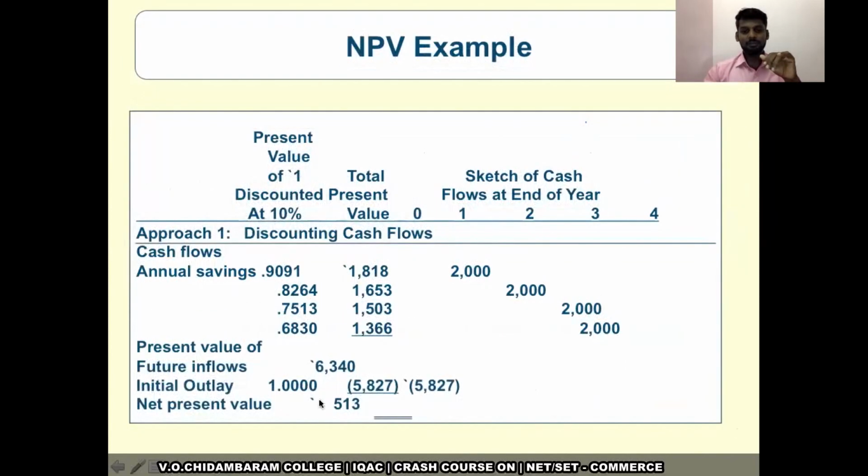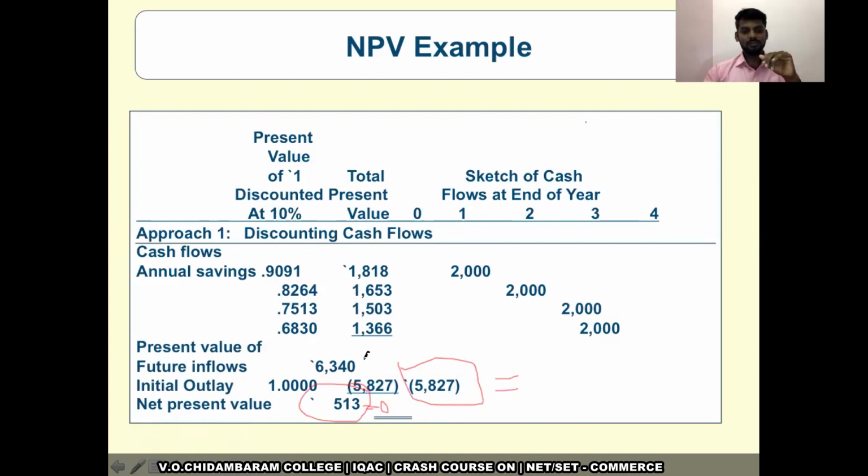now I have an NPV of 513. If it is equal to 0, it means the initial investment that I have, which is 5,800, will be equivalent to the future cash flows.